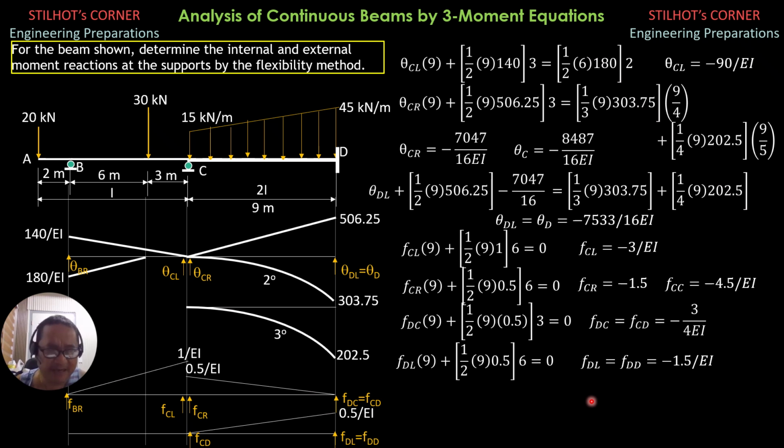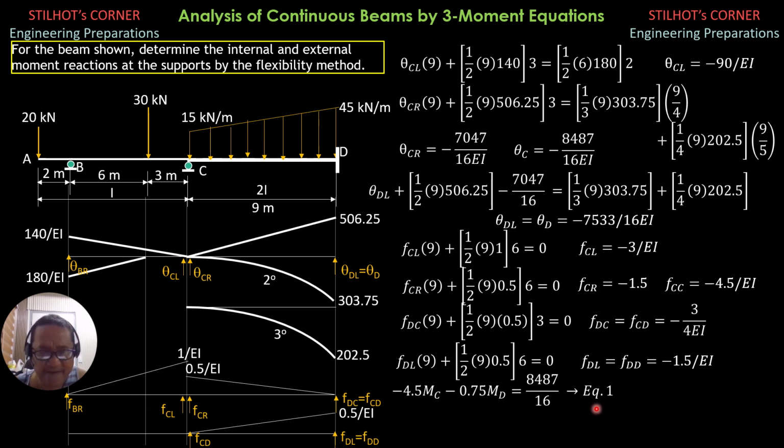Then the compatibility equation, FCC times MC plus FDC times MD plus theta C equals 0. Or if we transpose theta C to the right, it becomes positive. So FCC, negative 4.5 MC plus FDC, which is negative 3/4 or negative 0.75 times MD equals the negative of theta C, so equals 8487 over 16. Call that equation 1.